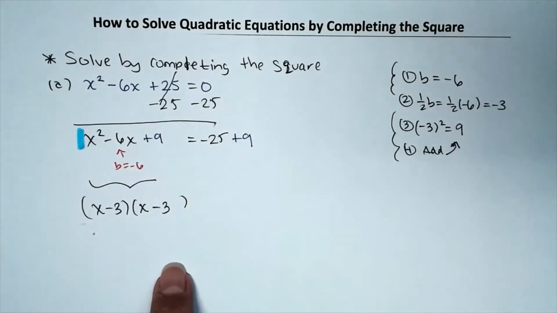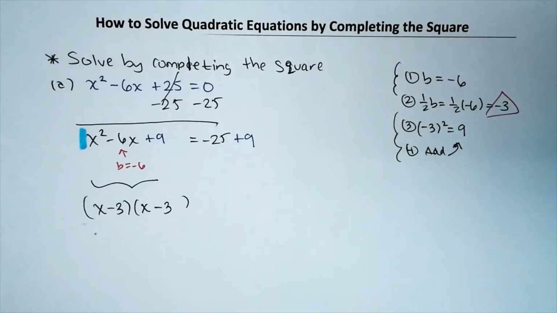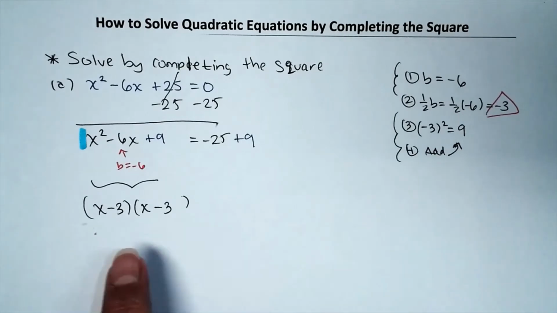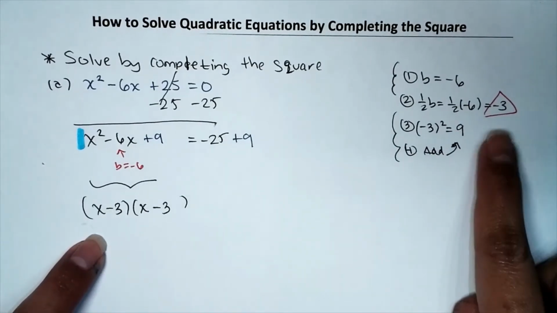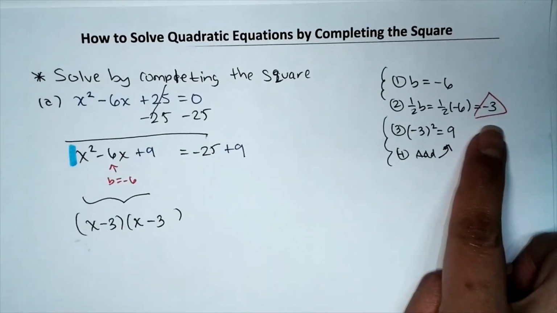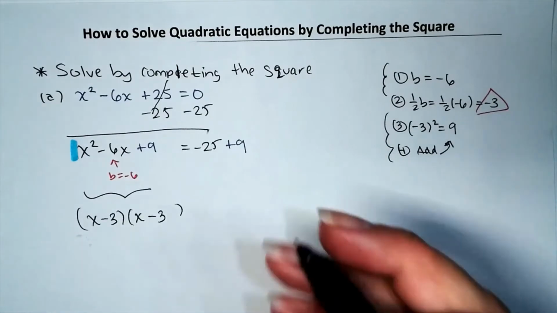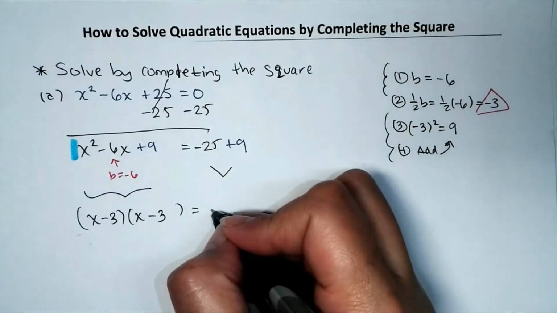And again, if you're feeling a little bit nervous, bust out your secret weapon. Whatever half of b is, that's what you're going to put in the parentheses. So whether you genuinely factored or you used your secret weapon, no one's going to know. Plus, this came from you, so who cares if they know? Alright, on the right side, the sum of negative 25 and 9 will give us negative 16.